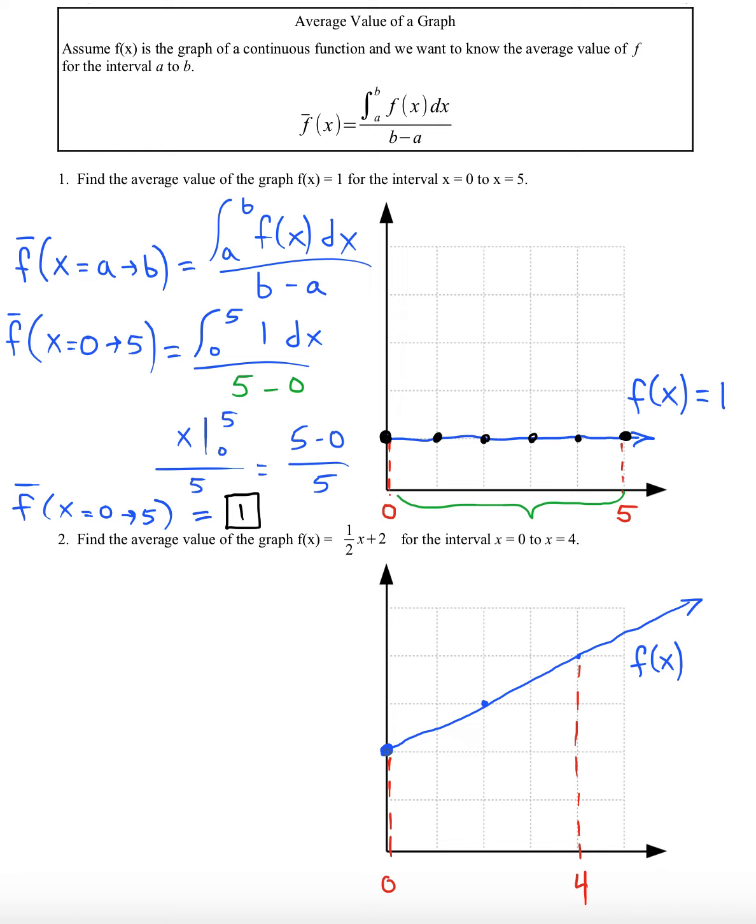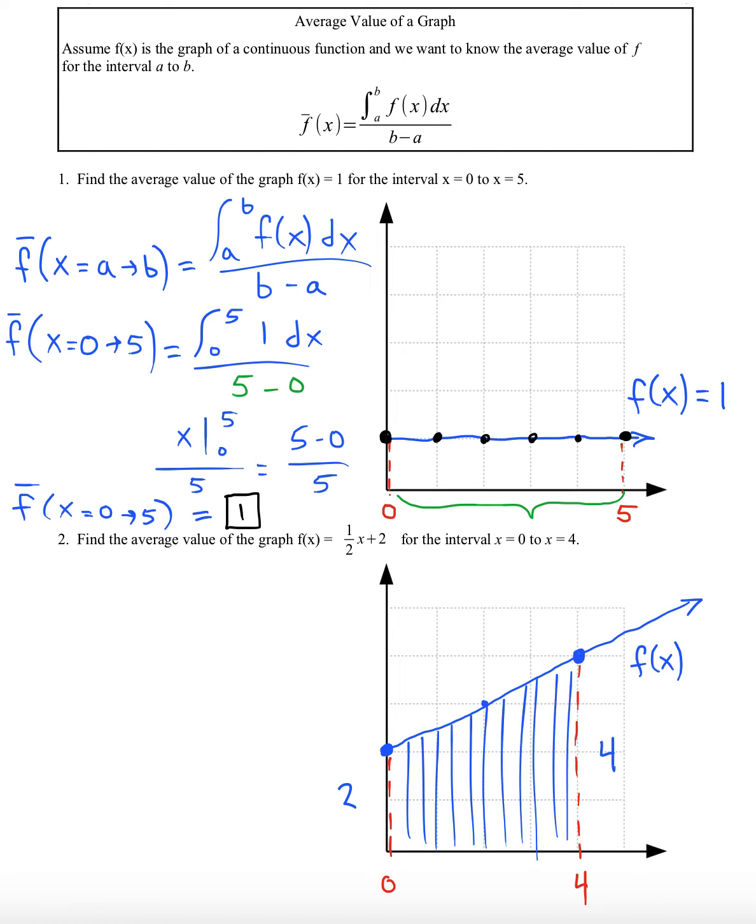Now we can see that there's a height of 2 on the left and a height of 4 on the right. We want the average of all these heights. And so we want to make it into an integration where we add up all the area under the curve and then divide by the width in order to determine that the average height is something in the middle.